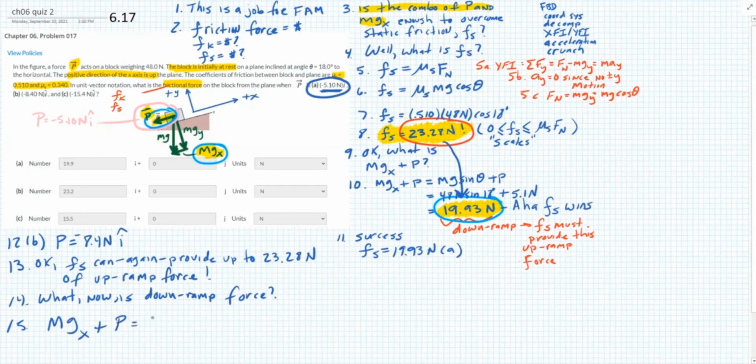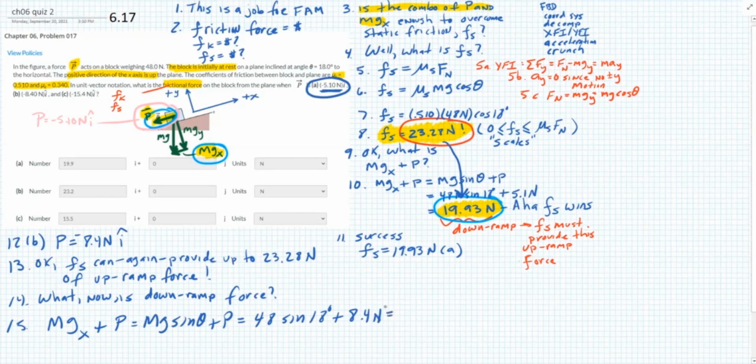And with numbers now, I have mg sine theta plus P, where mg is 48 times sine of theta, and theta is 18 degrees, plus P, but P has grown. P has now grown to be an 8.4 newton force.